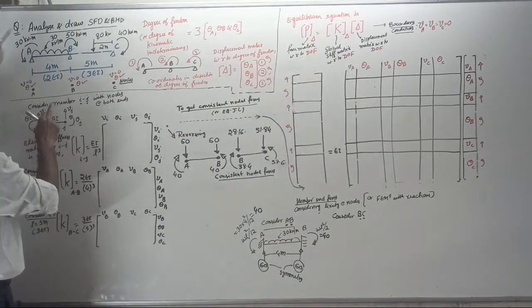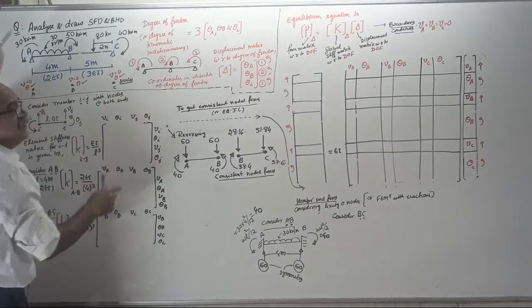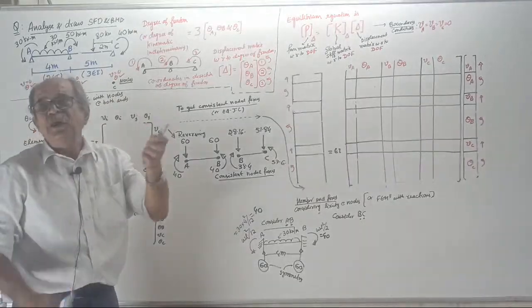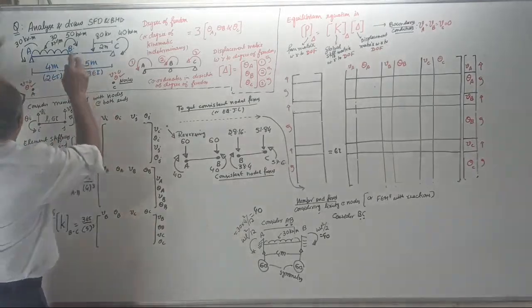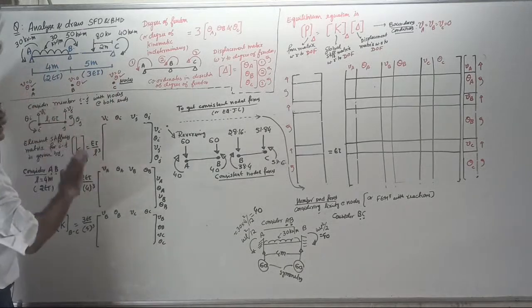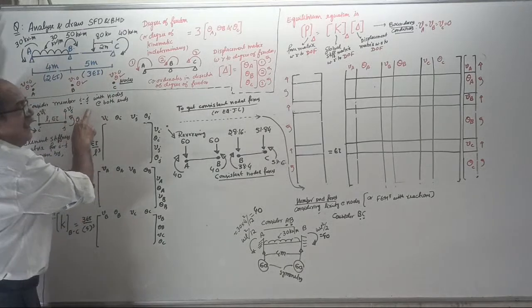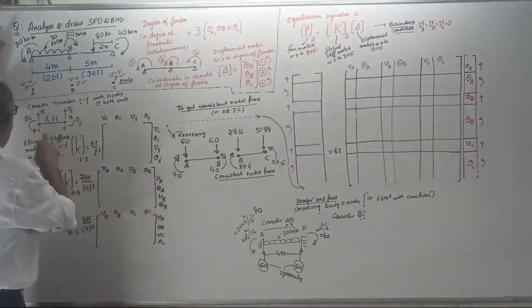Consider member ij with nodes at both ends. You should consider the member where both end nodes are there. So here, one member is AB, other member is BC. But in general, it is called ij.